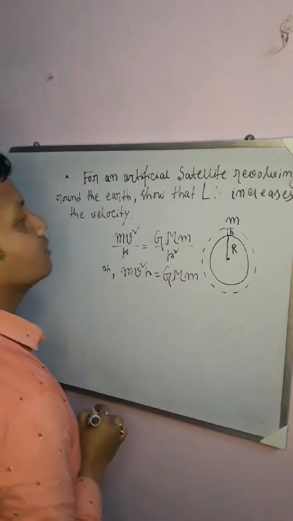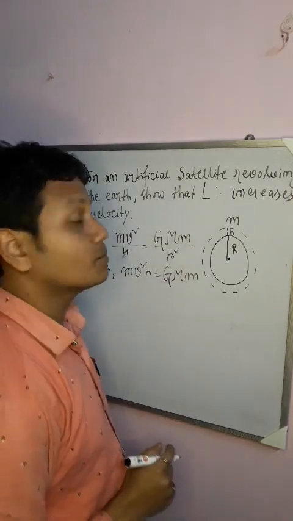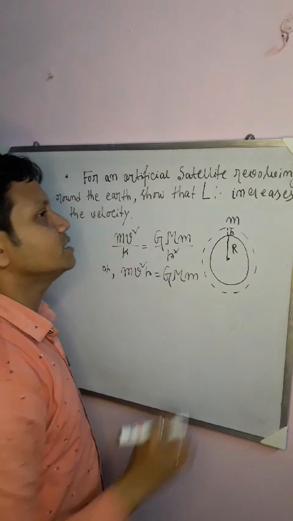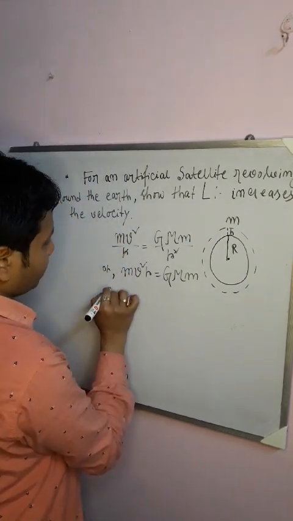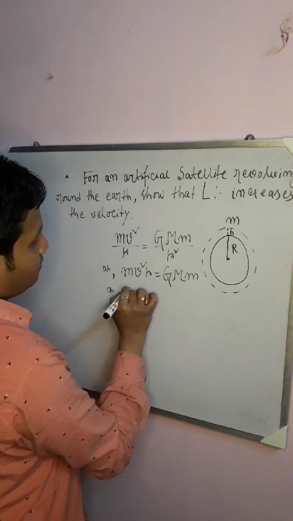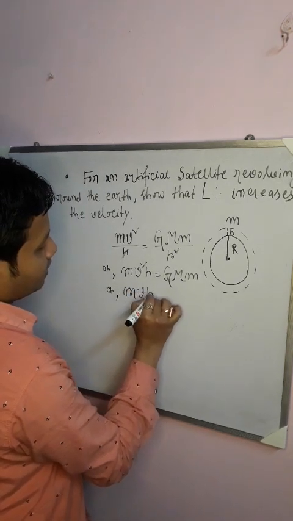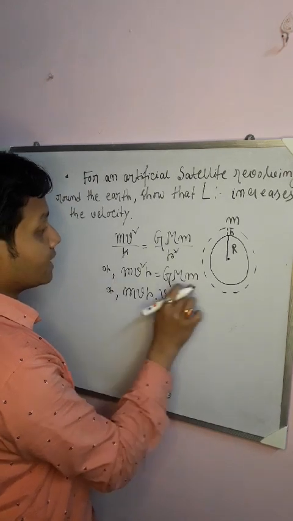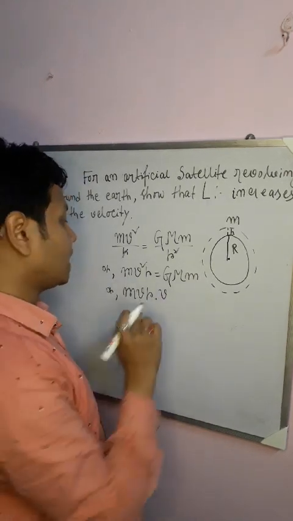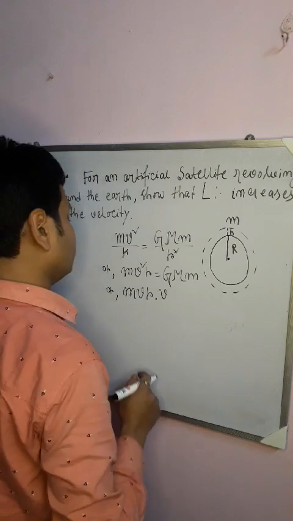Now we have to find out that due to the presence of angular momentum, velocity increases. So we have to bring in the angular momentum here. So how? mv square by r, that means mvr into v. We cannot cancel, because if we cancel this and m, then we cannot introduce angular momentum.